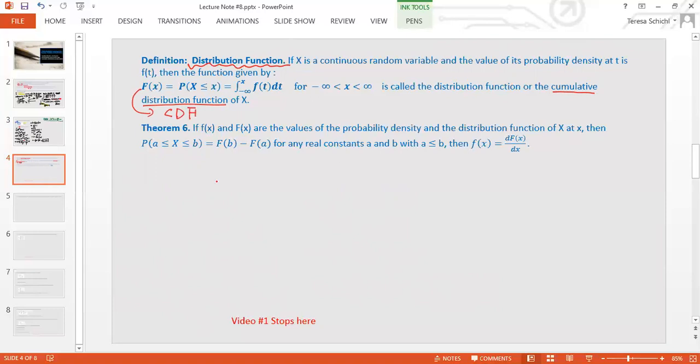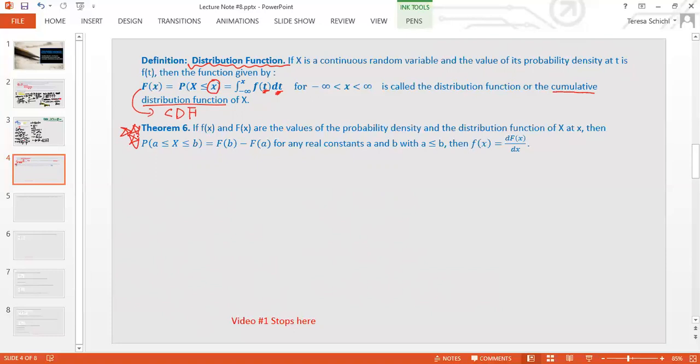The CDF is just like, for discrete, you add up all the probabilities up to x. For the continuous case, that means you integrate all the way up to x here. So from negative infinity to x, you change your function to t, dt, because you're going to integrate up to x.